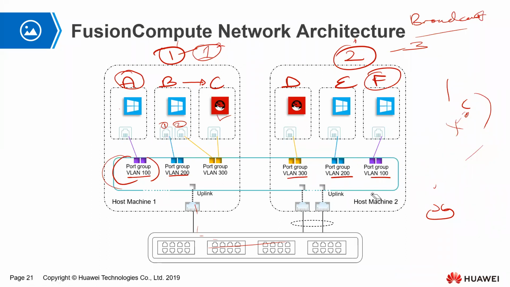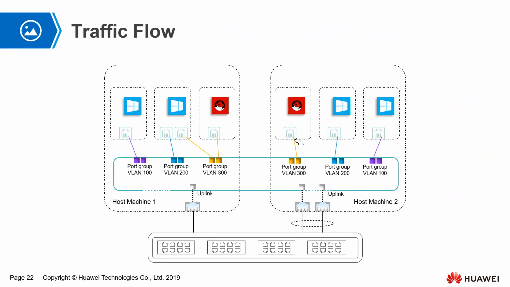So let me just run the illustration for you to understand some of this traffic flow. We have our machines here, and as you can see, for this virtual machine to communicate with virtual machine A, it has to go through layer 3 routing and through our physical device.